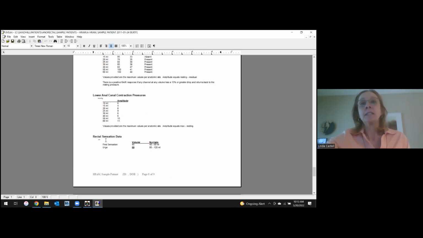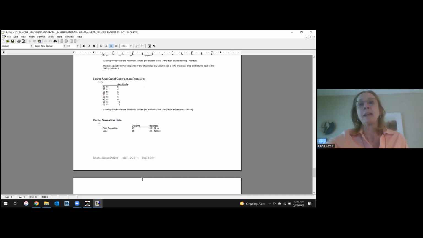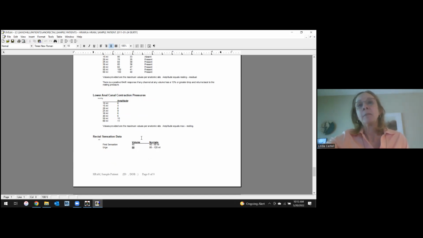And then our rectal sensation data: first sensation, urge, maximum tolerated. They didn't do a maximum tolerated, I don't know why, but you're going to see your values here. With the London classification, at least 2 of these should be in the normal range to have normal rectal sensation.